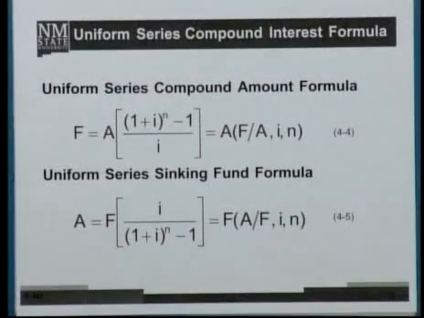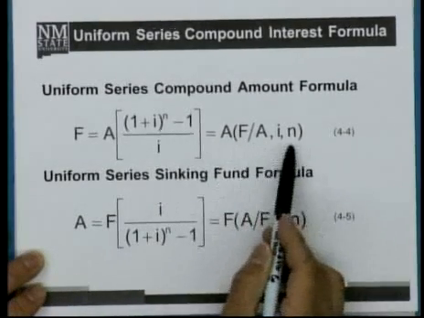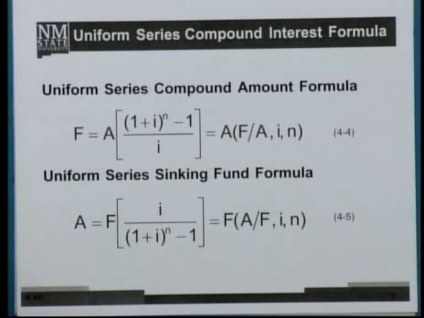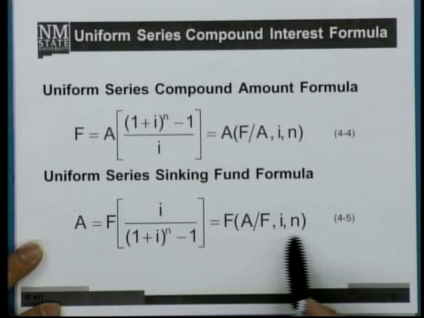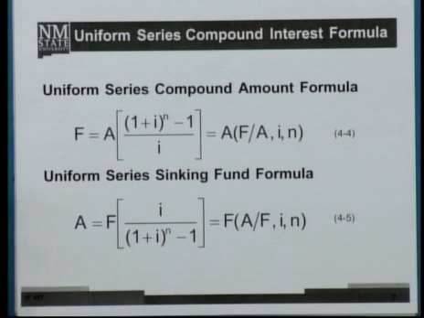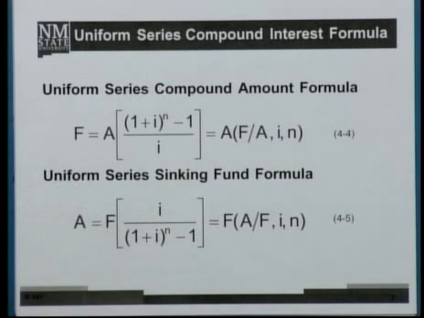And these are the uniform series compound amount formula and the uniform series sinking fund formula. The term inside the brackets, either this or this, is called the uniform series compound amount factor, and this one inside the brackets is called the uniform series sinking fund factor. Again, I'm not going to go through how to derive these formulas in class.